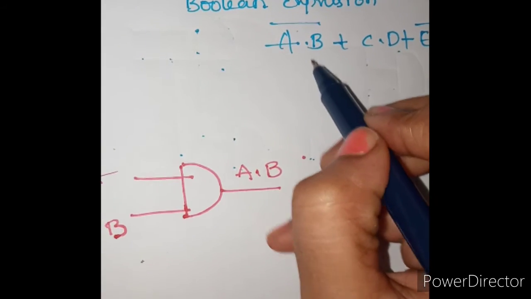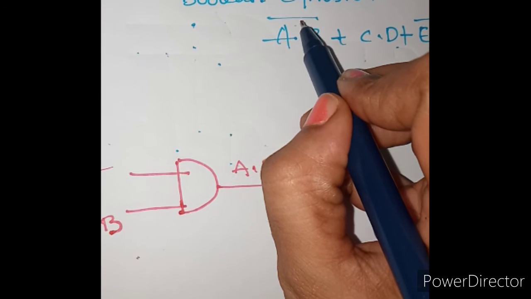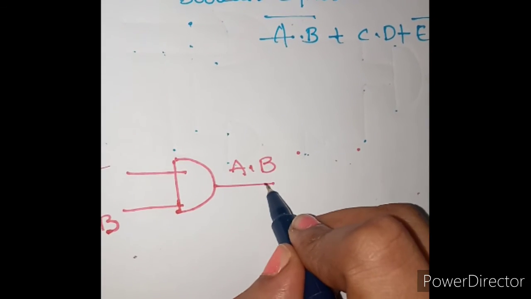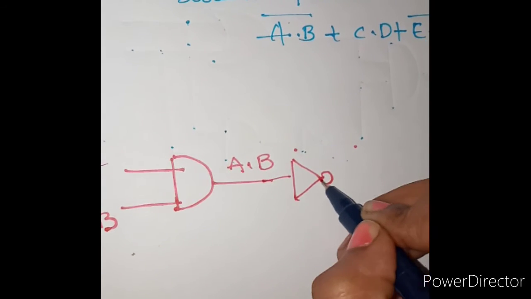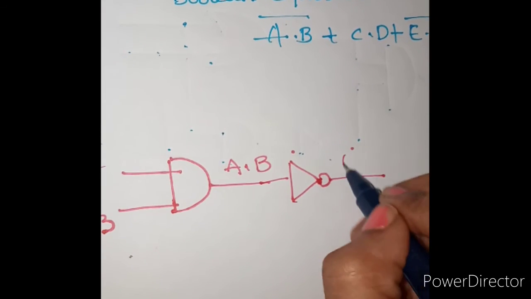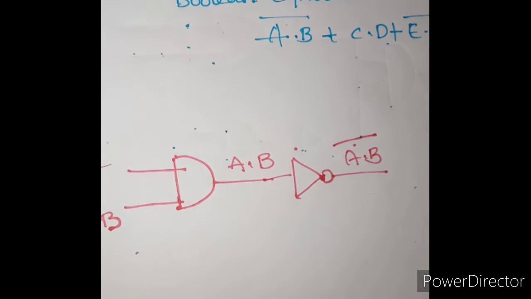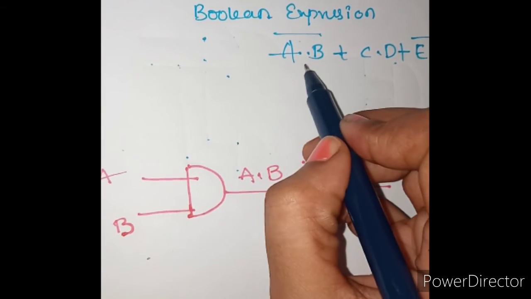Observe here, it has a bar. The bar is indicated by the NOT gate, so I draw a NOT gate. Then this output is a dot b bar. This one is completed.